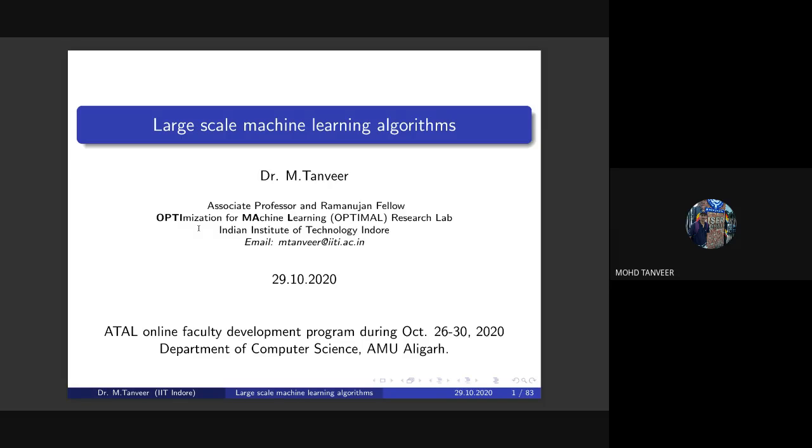So what we concluded in our 2019 paper is that we considered TuneSVM based models only for two class classification, the binary classification problem.